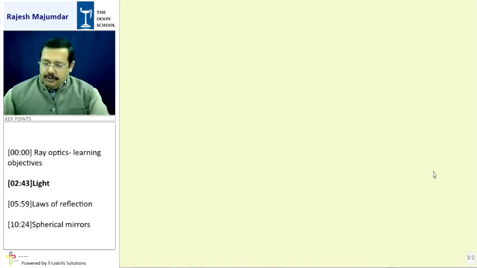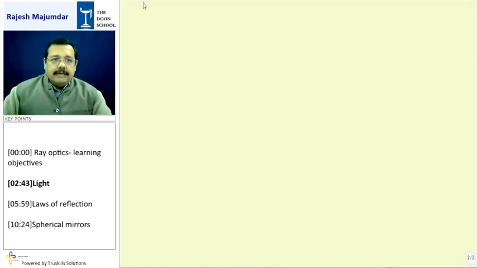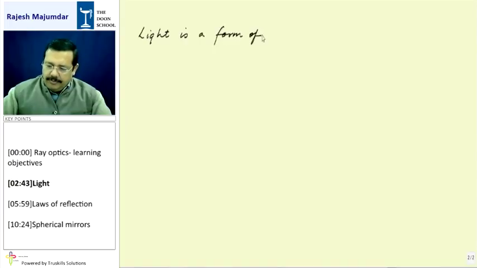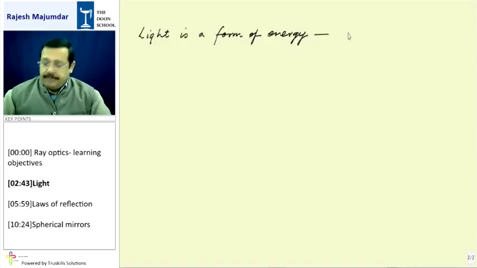Now, as we all know, light is a form of energy, and we are going to study later on that light has a dual character.